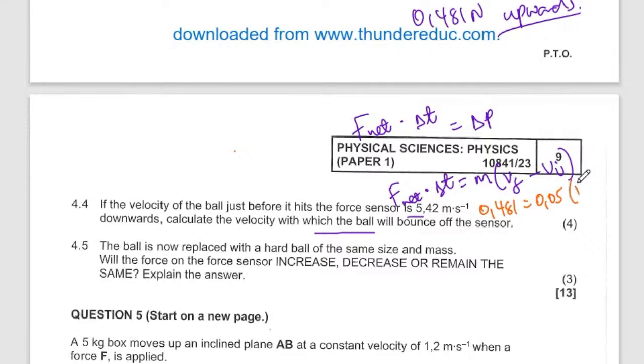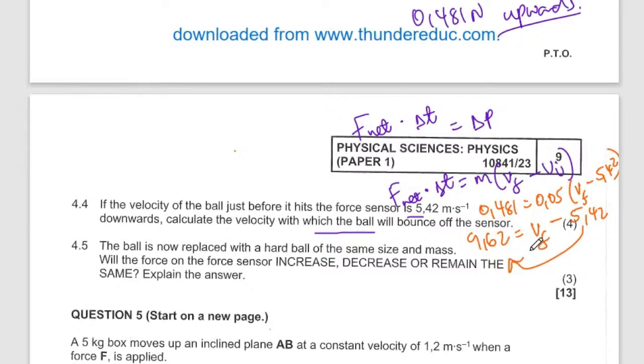Times the final minus the initial, which is 5.14. I'll start by dividing both sides by 0.05. So 0.481 divided by 0.05, I'm getting 9.62, which is equal to v final minus 5.14. Then I'll move this 5.14 to that side.